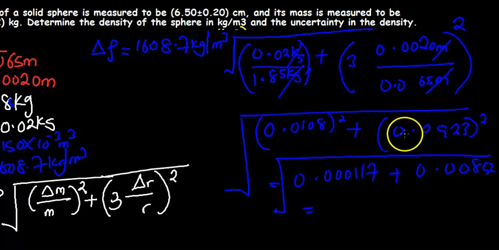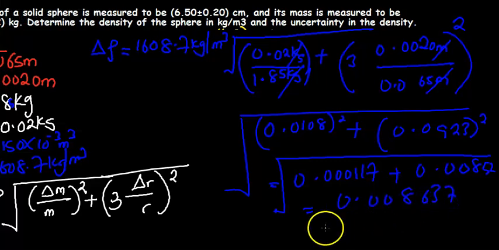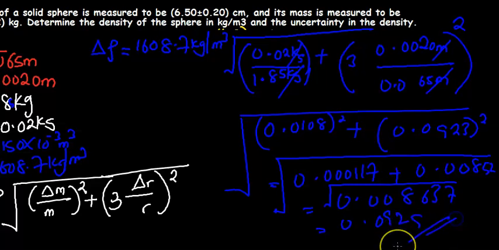If you sum everything up here, your answer is going to be 0.008637. The square root of this is simply going to be 0.0929. So this is it.